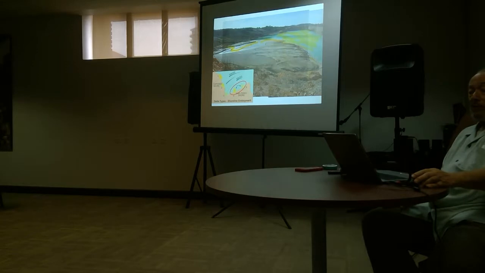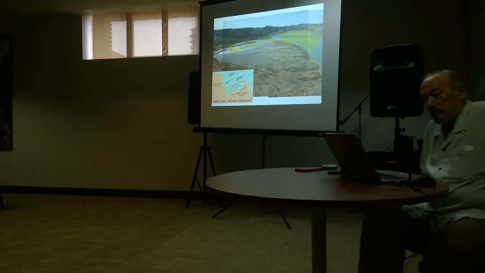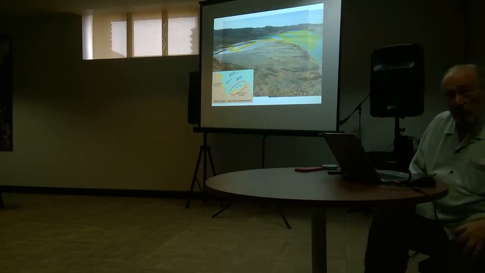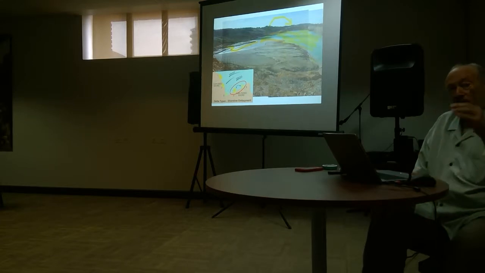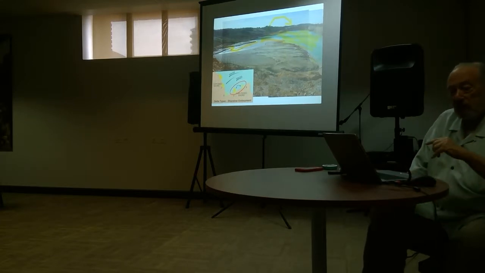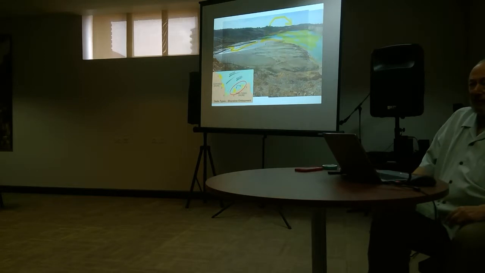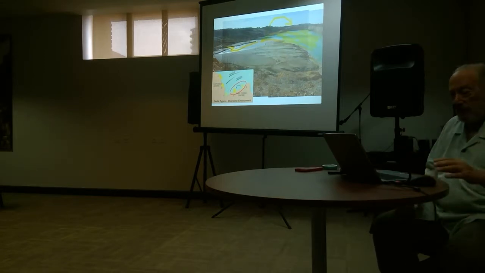What's going to happen during low stand time in the delta environment is the dominant process will be erosion. In other words, the river now will be pretty active, and it cuts away the delta. It reworks the delta sediment and deposits it out into the ocean. So that's one process that goes on during a low stand when you have your delta subaerially exposed.